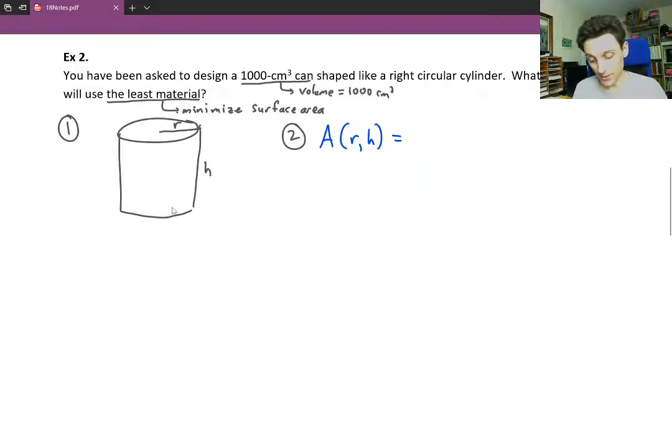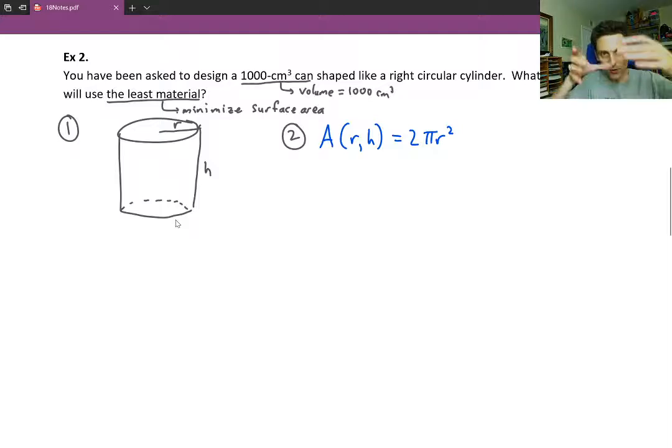And if you think about the surface area of a cylinder, let me draw another little part of the cylinder. If you think about the surface area of a cylinder, well, you have the top of the cylinder, which is that circle with radius r. That's going to have an area of pi r squared. But then the bottom is also another pi r squared, so that's 2 pi r squared for the top and the bottom.